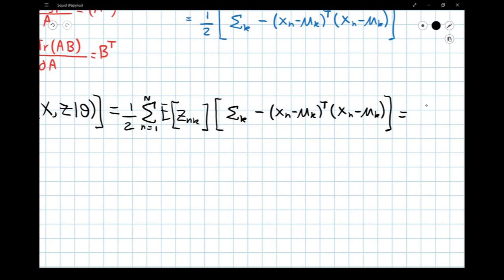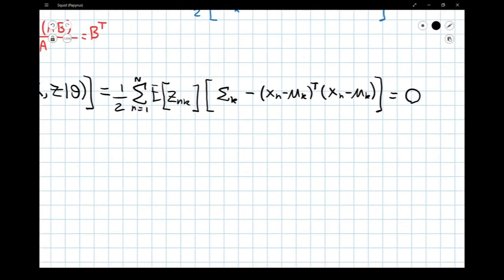So we can find out what our next best guess at the kth covariance matrix is going to be. Okay, that's a matrix, sorry. So now this half is going to disappear on the other side.